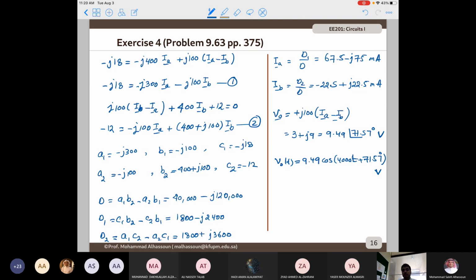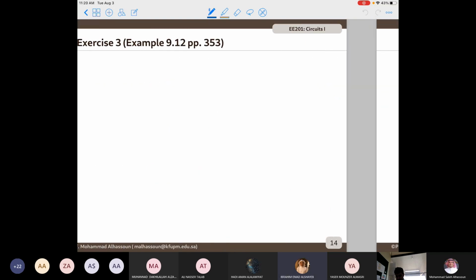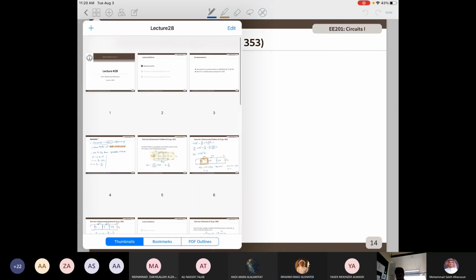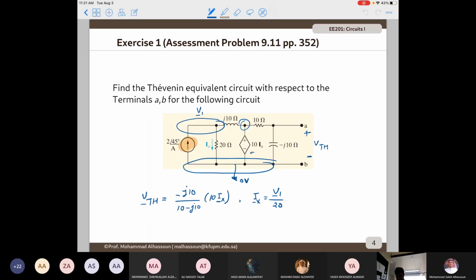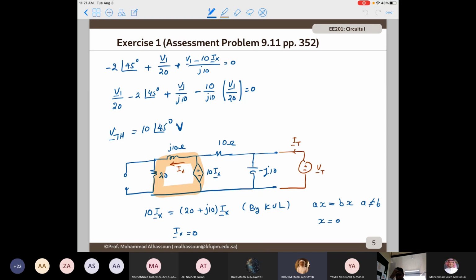Okay, thank you. Rahim? Doctor, could you go back to the slide that we were having only one unknown? I think it was V1. This one? I think, yes. I tried to solve it in my calculator and it's not solving it.